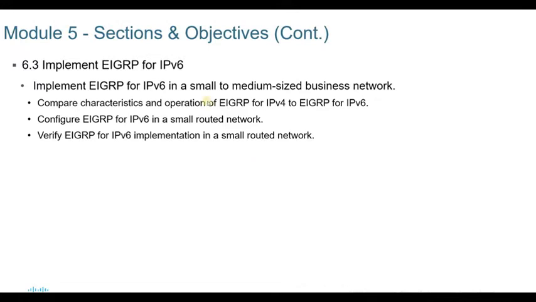On the last part of this module, we're also going to implement EIGRP for IPv6. So that is two different types of implementation: one for an IPv4 topology, and the other is the implementation of EIGRP for an IPv6 network. Afterwards, we're going to compare the characteristics and operation of EIGRP for IPv4 to EIGRP for IPv6.